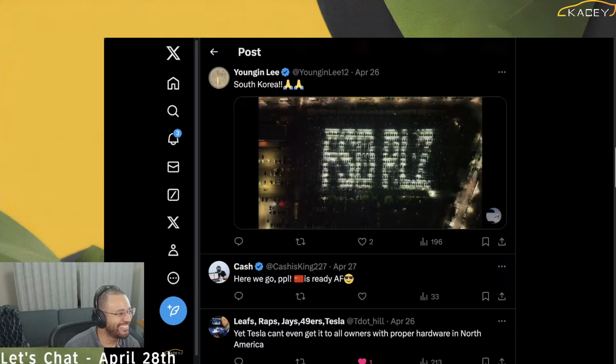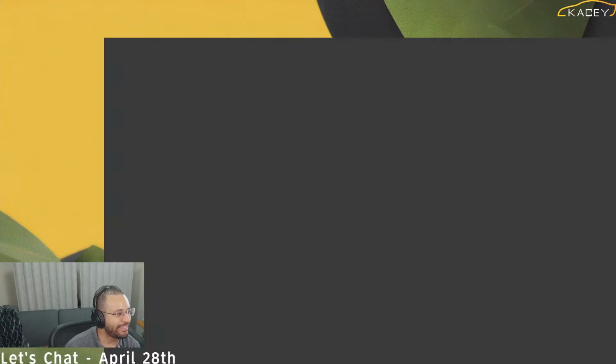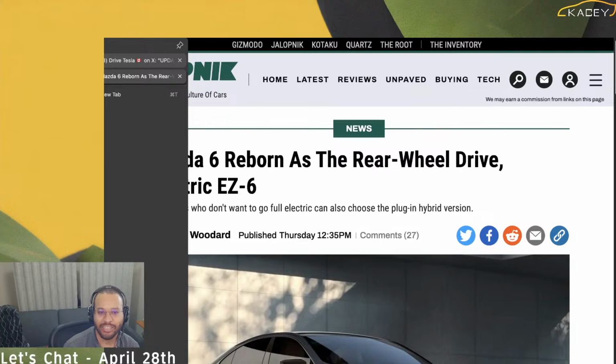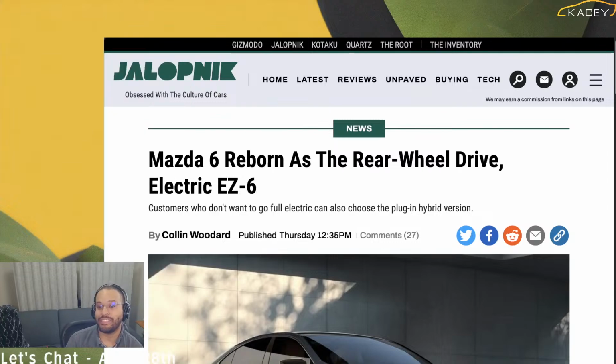Let's go on. All right, so this is an article from Jalopnik. I didn't read the article. I read the blurb that they wrote on their social media. So the Mazda 6 is reborn as the rear-wheel drive electric EZ6, and I wrote some stuff on that.